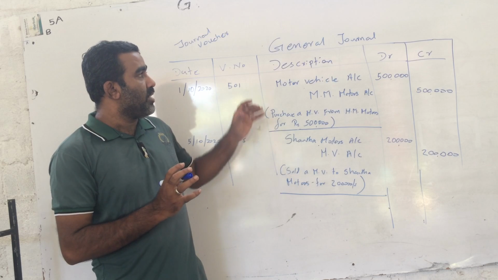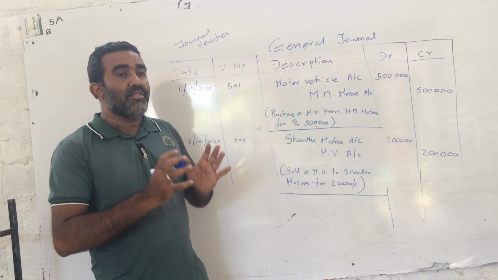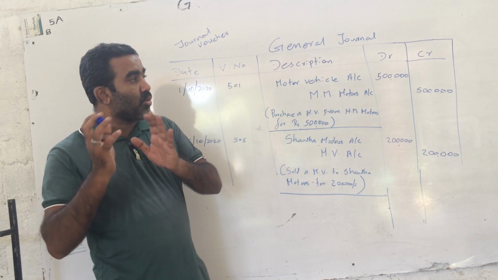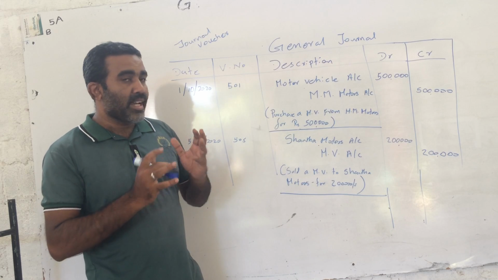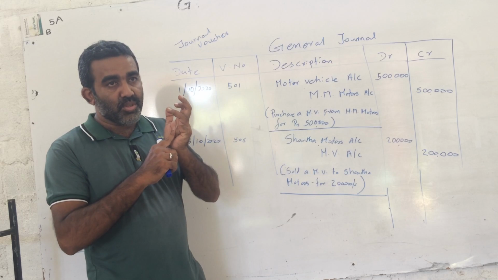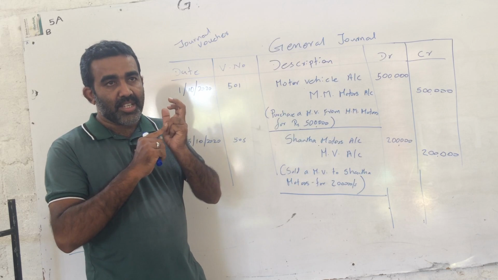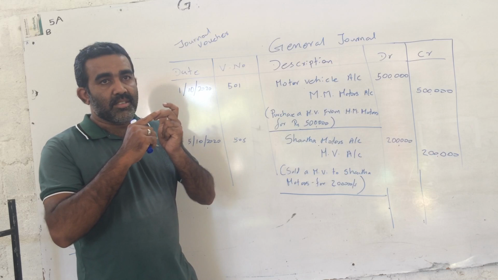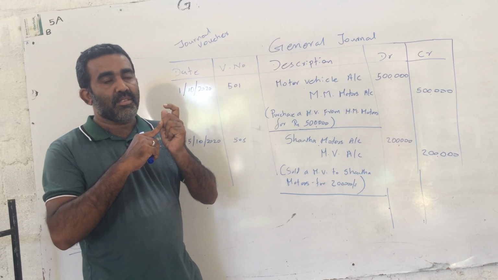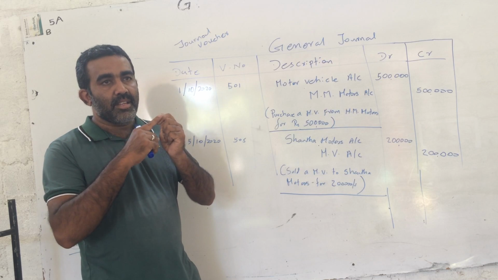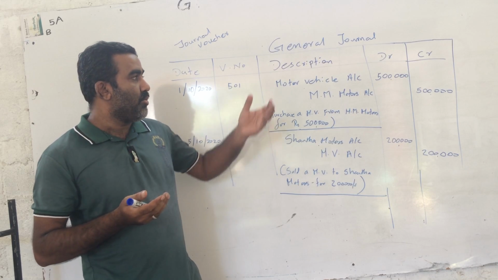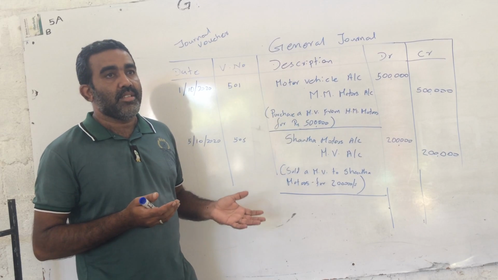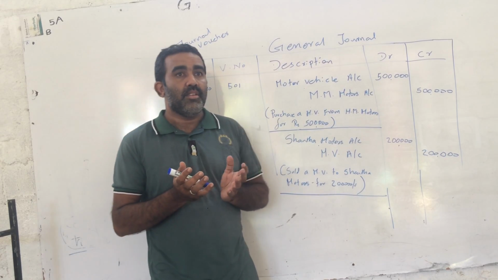You have to remember what we include in the general journal: whatever we have not included in the previous 4 books. All cash payments and cash receipts go to the cash book. Small transactions, petty cash book. Purchases for reselling purposes, purchase journal. Credit sales, sales journal. All other transactions we include in the general journal. Let's assume another one.